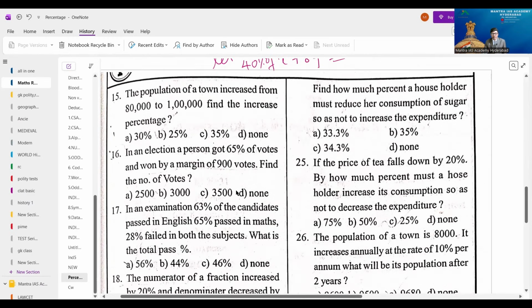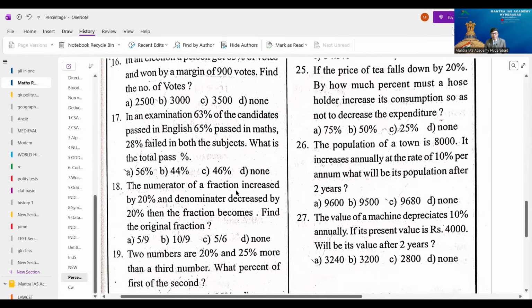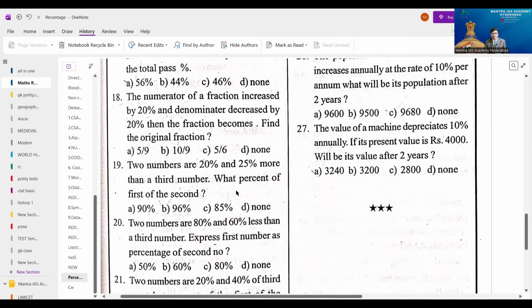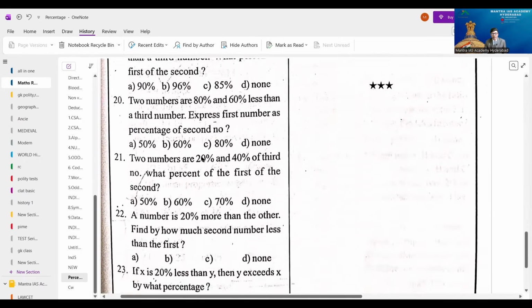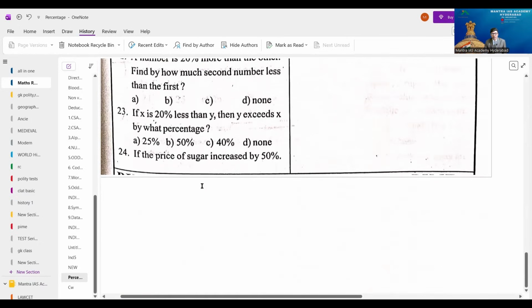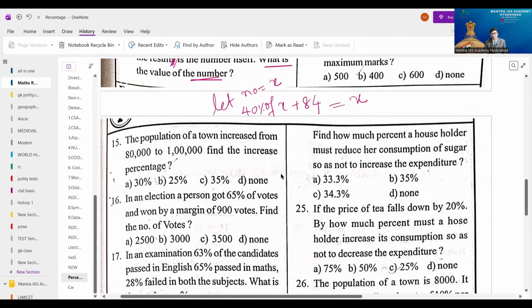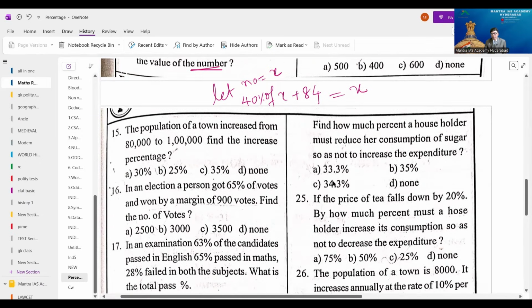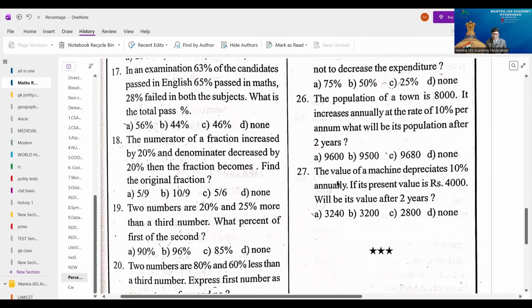Next one, 16th, 17th, 18th question, 19th, 20, 21, 22, 23. 24th question: 50% is this side, right side is here. Find how much percentage a householder must reduce her consumption of sugar so as not to increase expenditure. Next 25th, 26, 27. These are my homework problems to you.